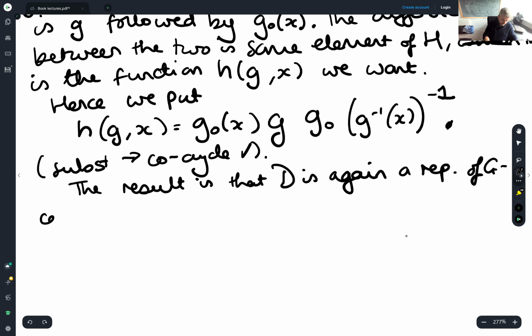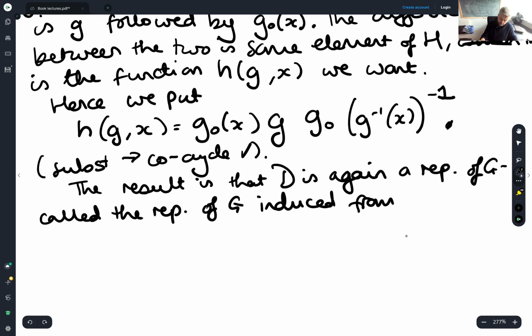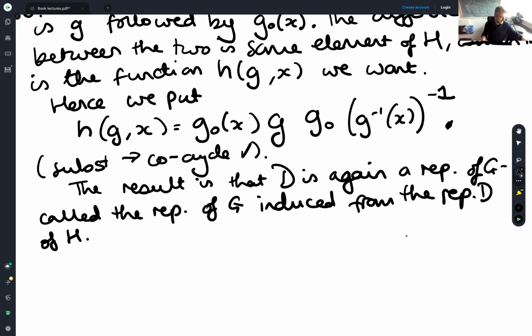It's called the representation of G induced from the representation D of the little group. Usually, in the applications that we're going to see anyway, D is an irreducible representation.